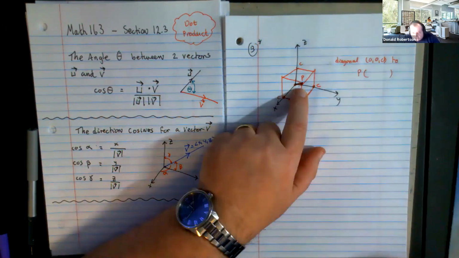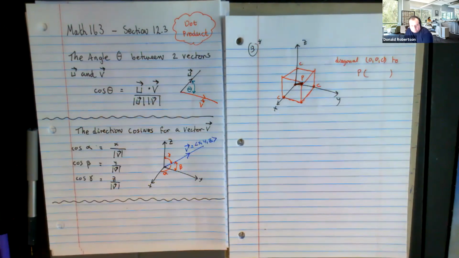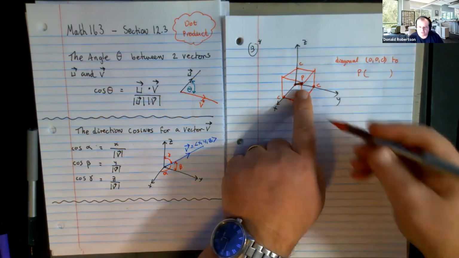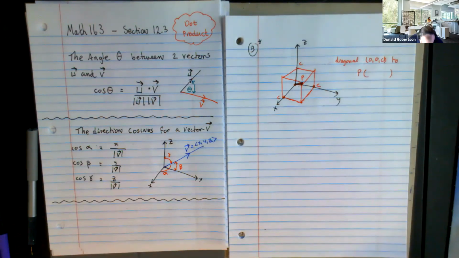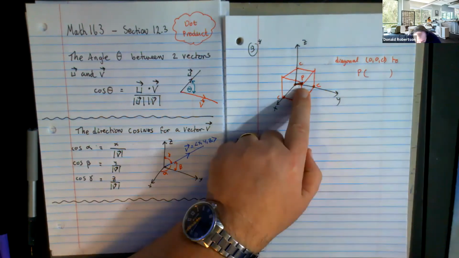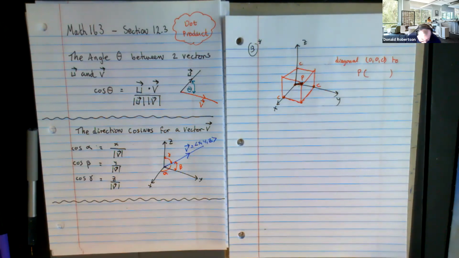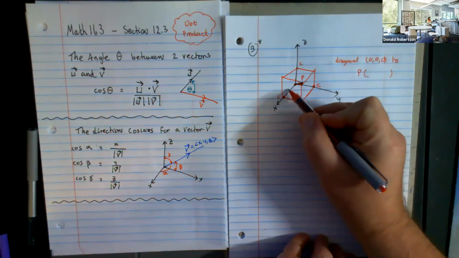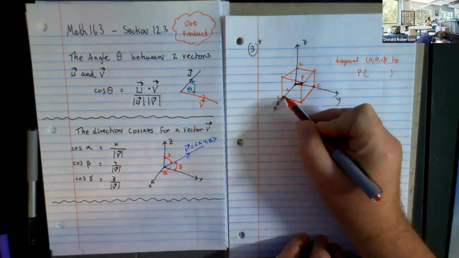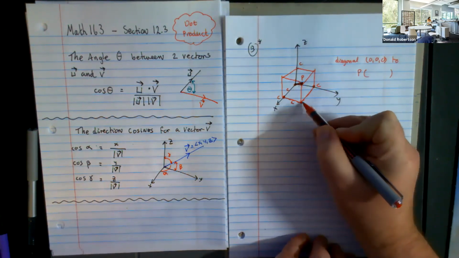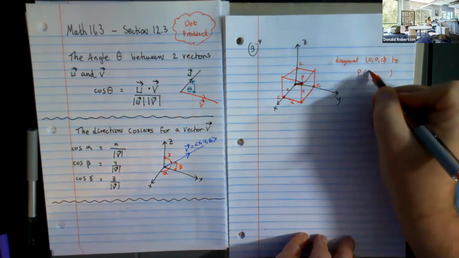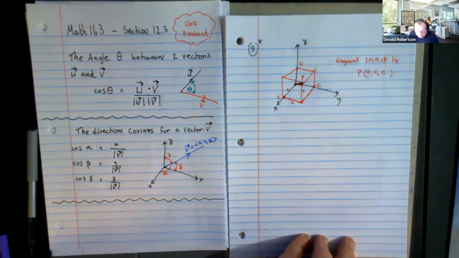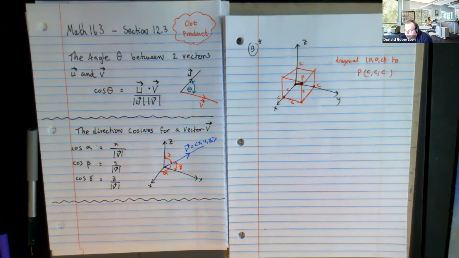Okay, now what are the coordinates of that point P, right? This cube that's kind of sticking out at the board there has an X value, a Y value, and a Z value. Right, here goes. Would you agree that you go C units this way, then you go C units that way, and then you go C units up? So are you comfortable with P having coordinates C, C, C, where C is whatever size the cube happens to be?